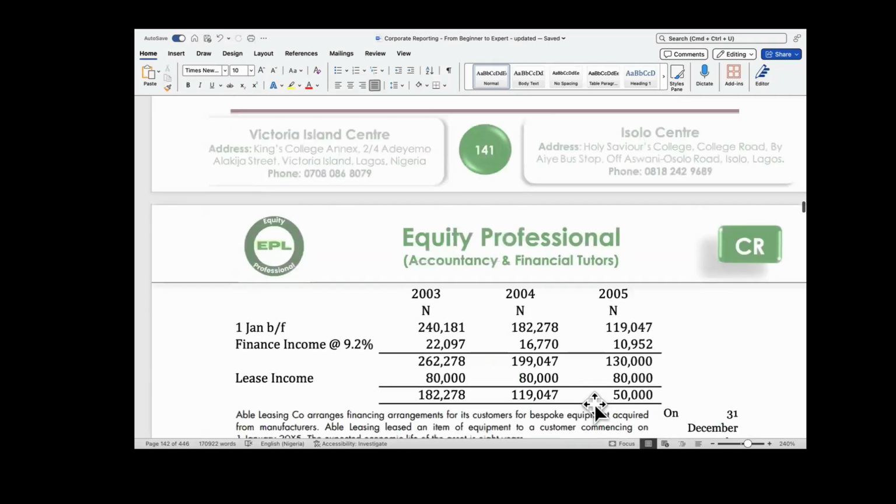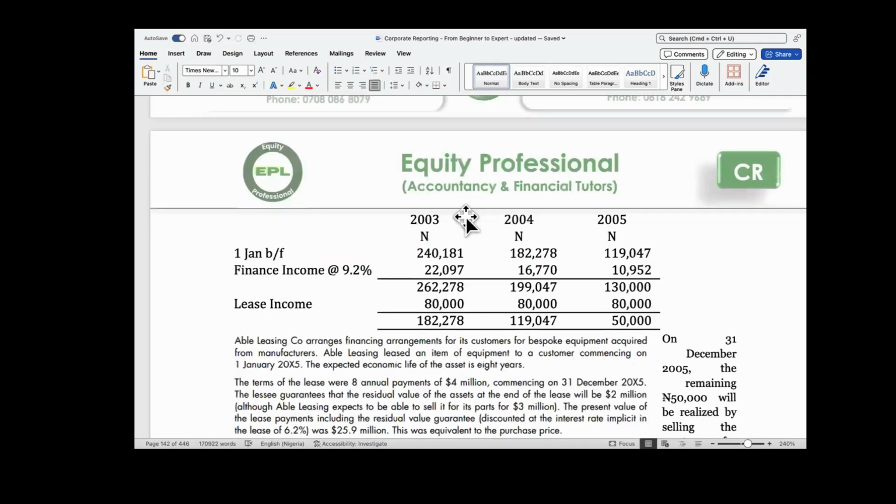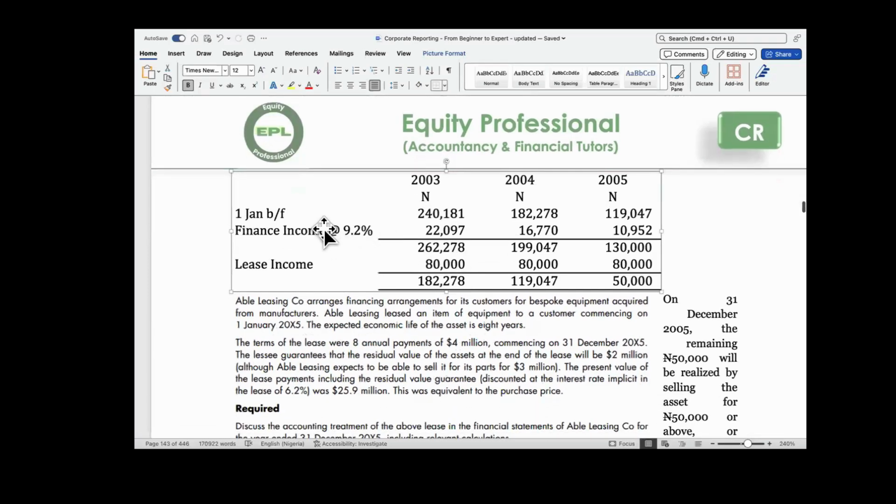At the end of the first year, as computed earlier, the value of the net investment in the lease at the beginning is 240,181. We are going to add our finance income at 9.2%.